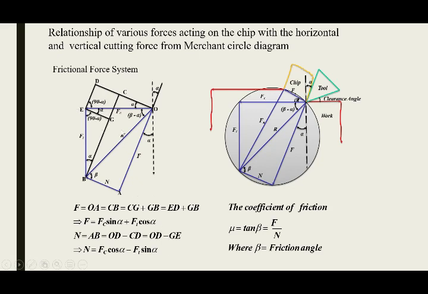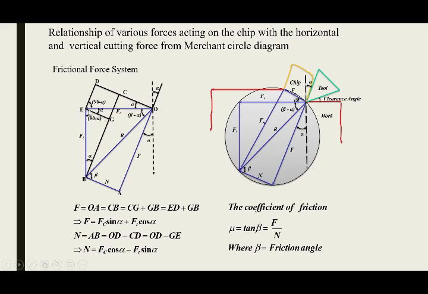Okay. So let us find OD and GE. Considering this triangle ODE, here we can find cos of alpha is equal to OD divided by FC. So OD is equal to FC into cos alpha. So N is equal to FC cos alpha minus, now let us find GE.